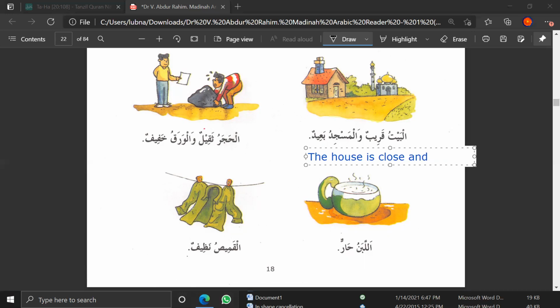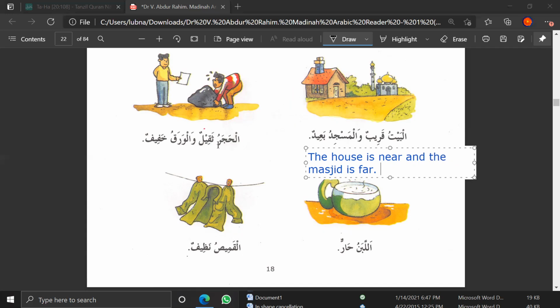The house is close, and the masjid is far. Or you can say the house is near and the masjid is far, or at a distance.